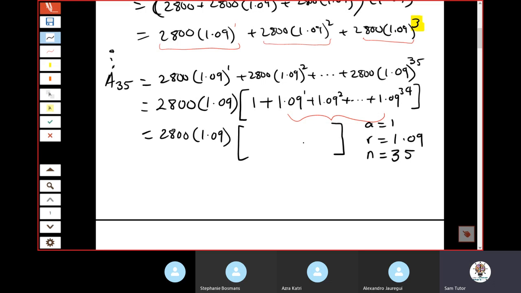All right, and then simply plug it into our formula. The formula is A, which is 1, open bracket, 1 minus R to the power of 35, over 1 minus R. It doesn't matter which version you chose, R minus 1 over R minus 1 or this one. Plug all this into your calculator.